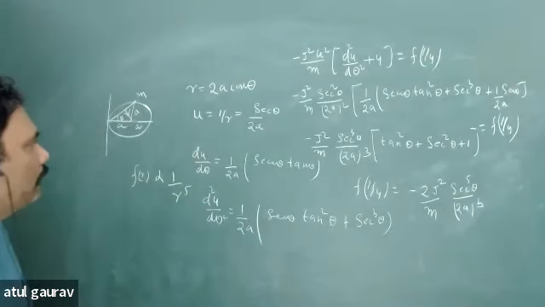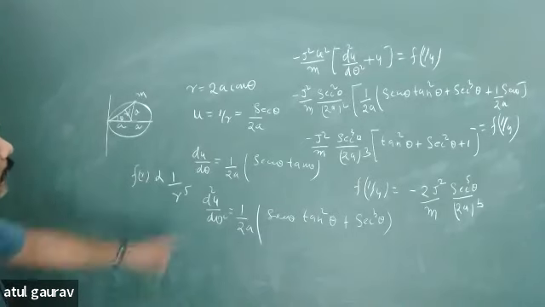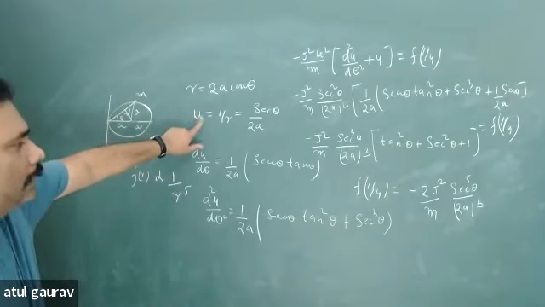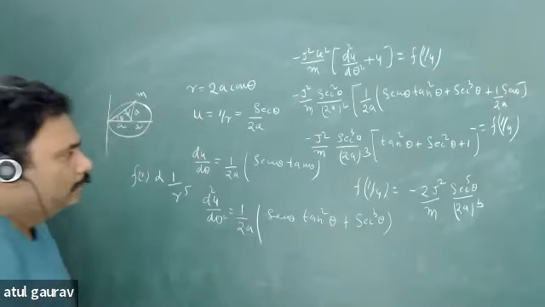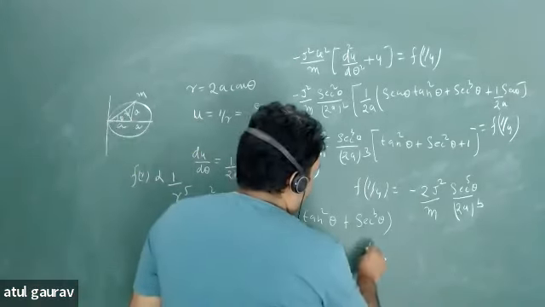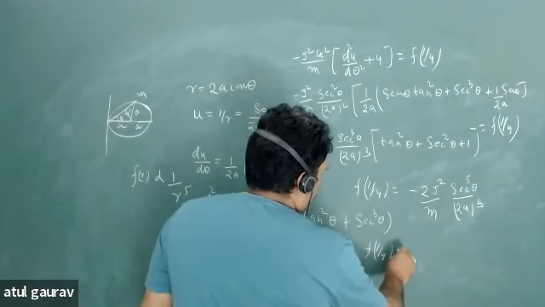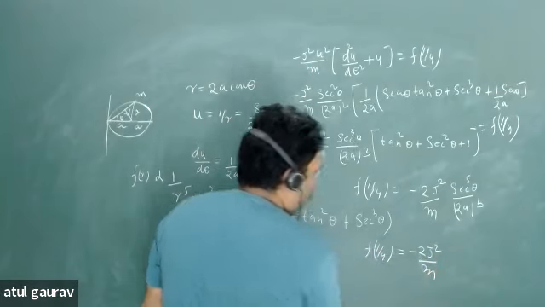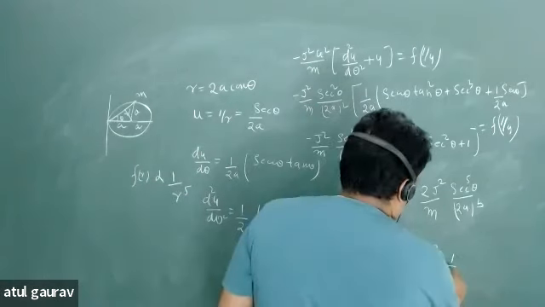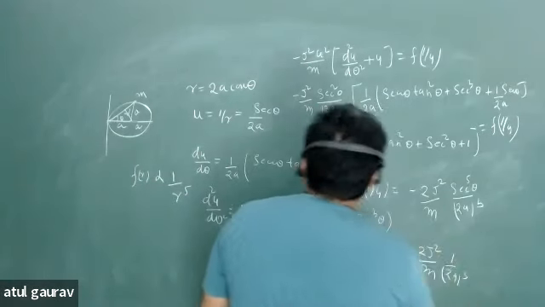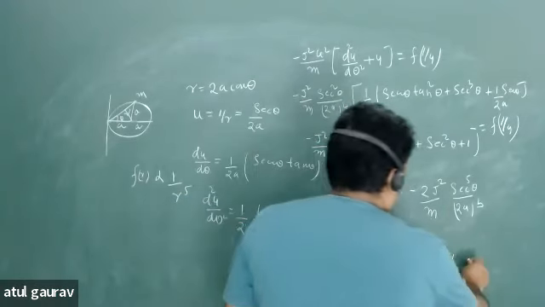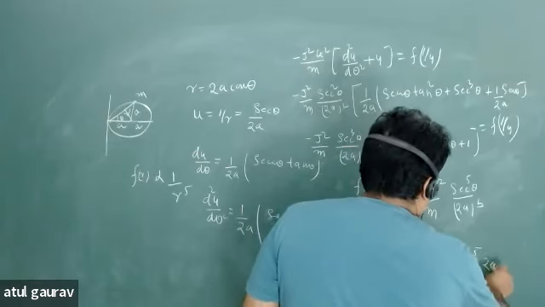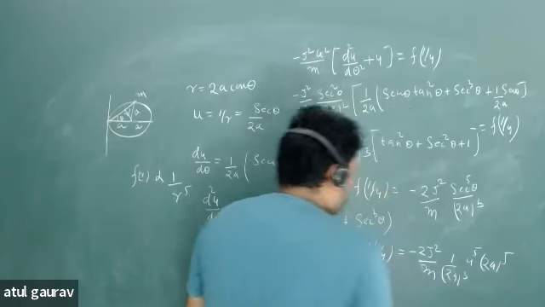Now what will you do? Next क्या करोगे? You will just replace sec theta, which is equal to what? 2a into u, isn't it? So you can write f of 1 by u is equal to minus 2h square upon m. I have 1 upon 2a whole cube, and you can write u to the power 5 and 2a to the power 5.